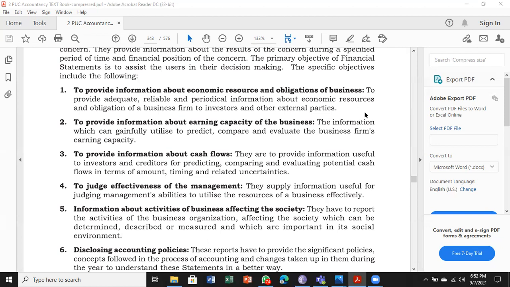The next one is to provide information about cash flows. Cash flow is very important. That is, how much cash is coming into the company, how much cash is going out of the company. In the last one year, how much money has come, from where it has come, how much money has gone out, where it has gone, for which purpose it has been used.